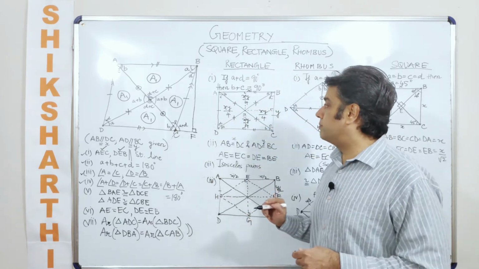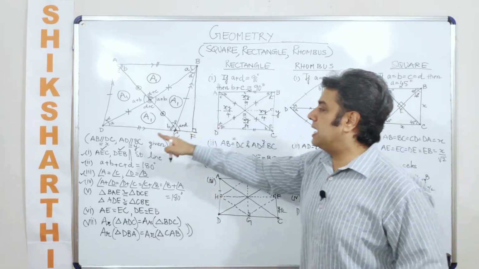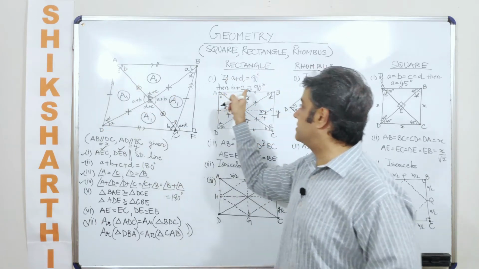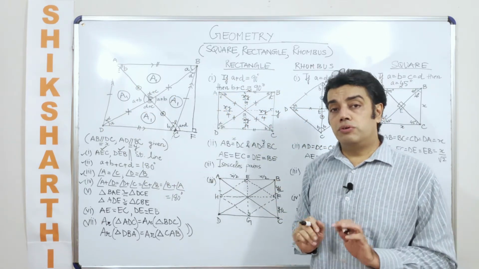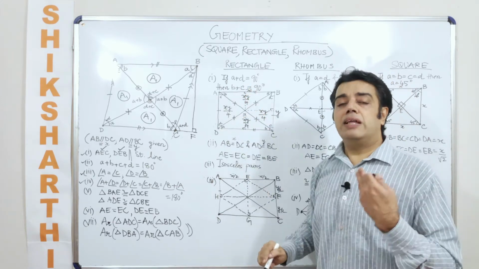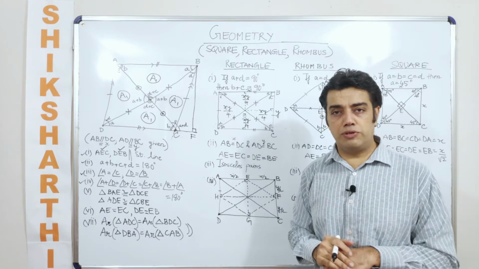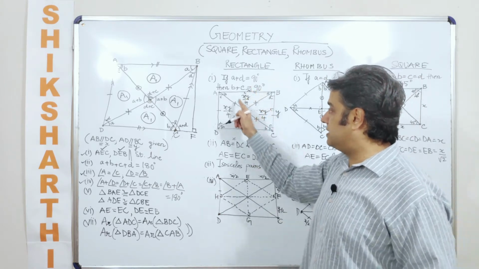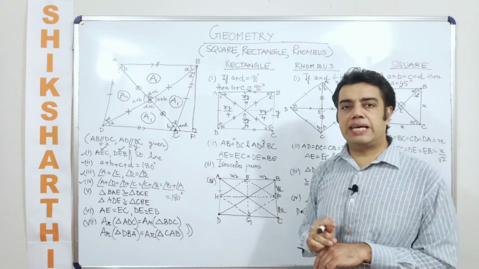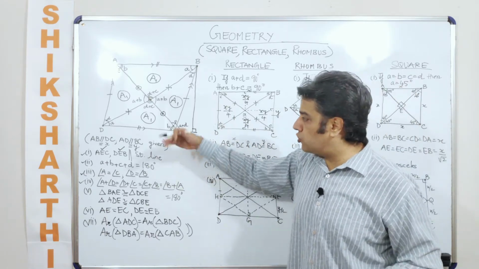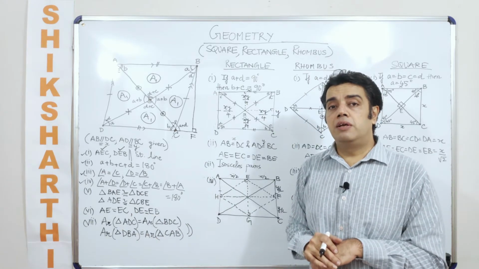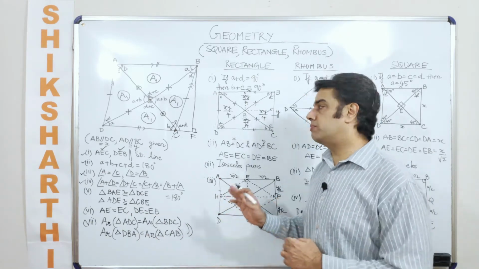So using the same property, if I say angle A plus D is equal to 90 degrees, in that case angle B plus C becomes equal to 90 degrees. And if I say angle B plus C is equal to 90 degrees, then angle A plus D also becomes equal to 90 degrees. Once we say this, the resultant figure that is formed becomes a rectangle, wherein the rest of the properties as we had talked about in a parallelogram would be the same as the properties of a rectangle.